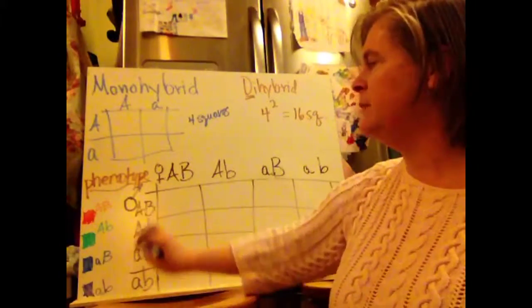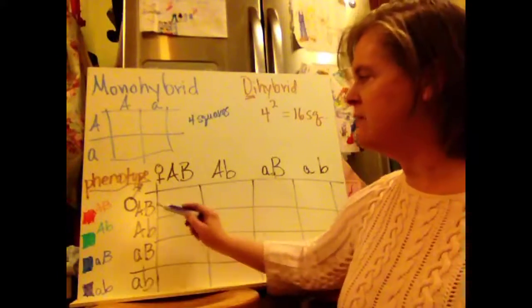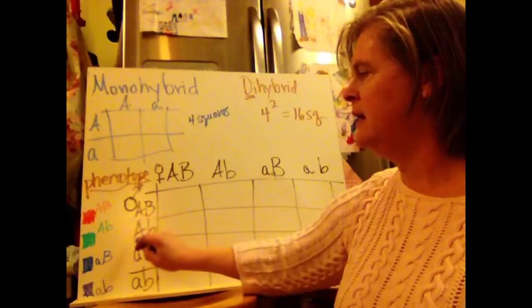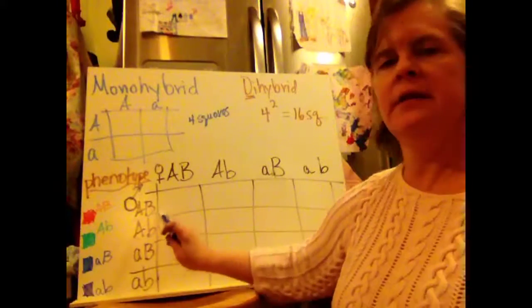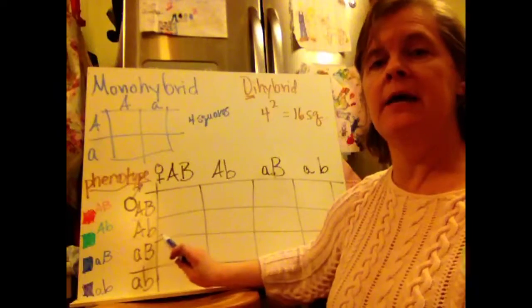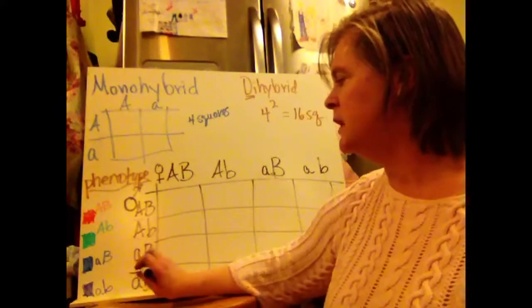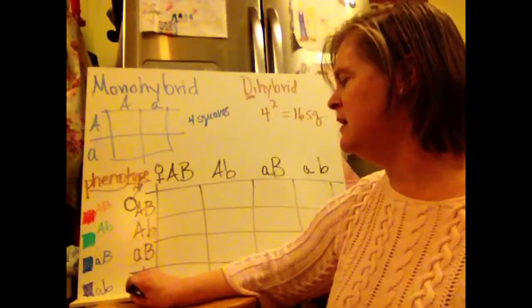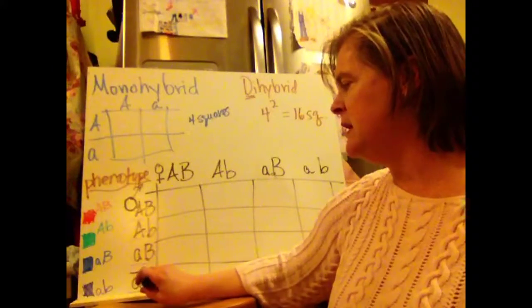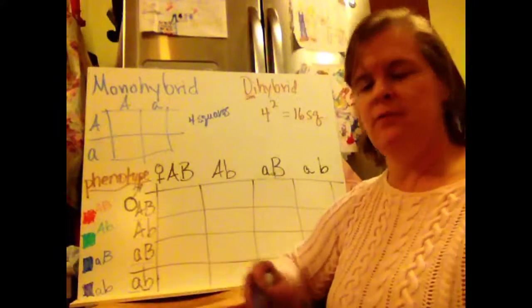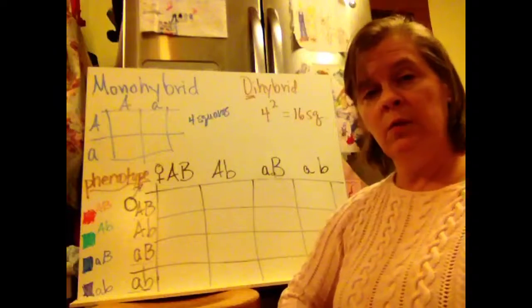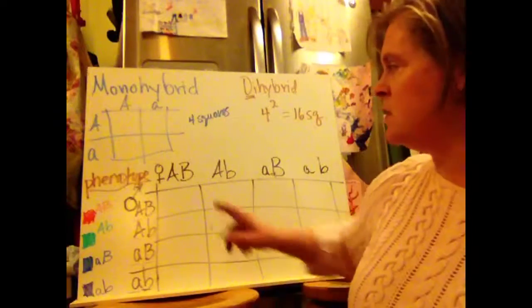Similarly, for the male parent, we have the dominant A again with dominant B and recessive b. Here we have recessive a with dominant B and recessive b. And that's an orderly way to set up your Punnett square.